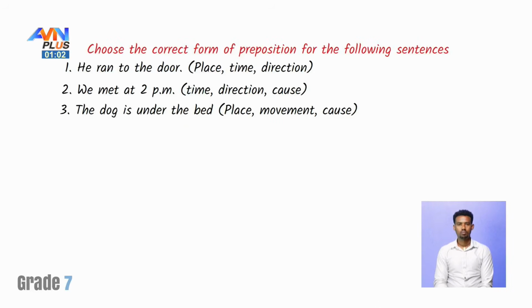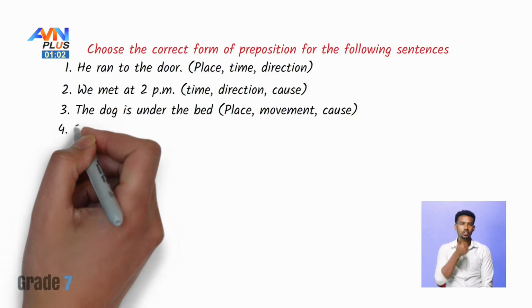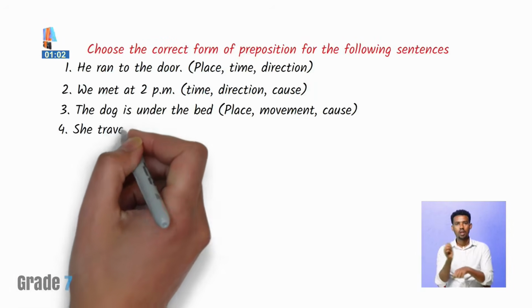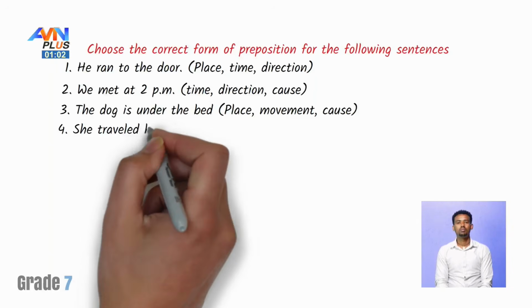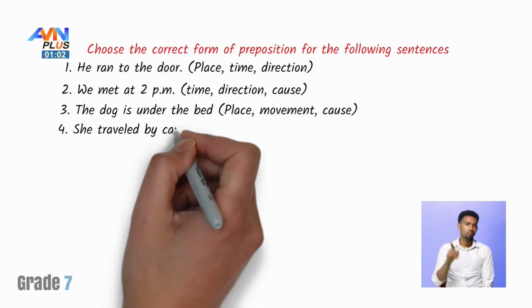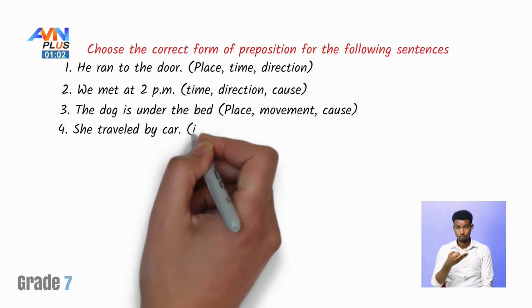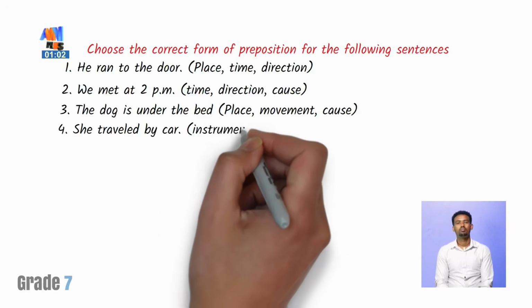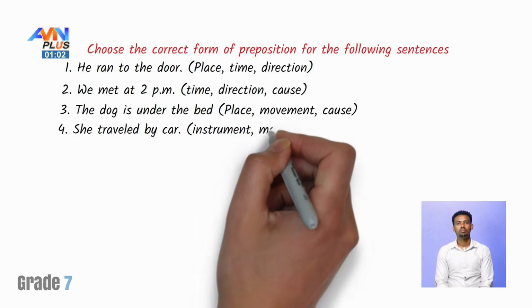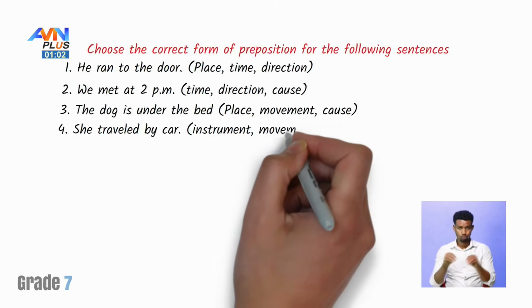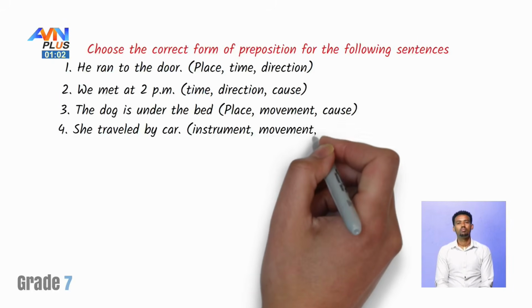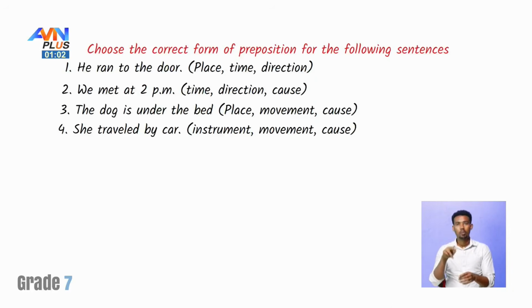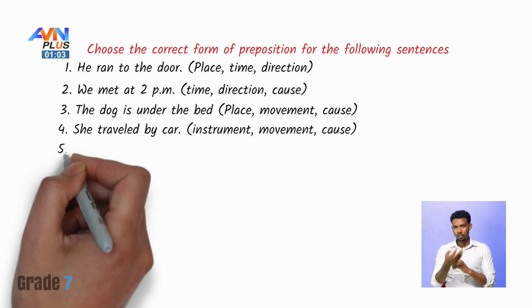Number 4, she traveled by car. Is it preposition of instrument? Is it preposition of movement? Or is it preposition of cause?